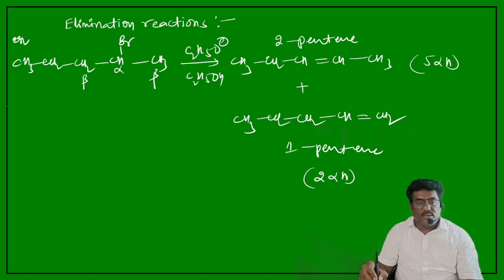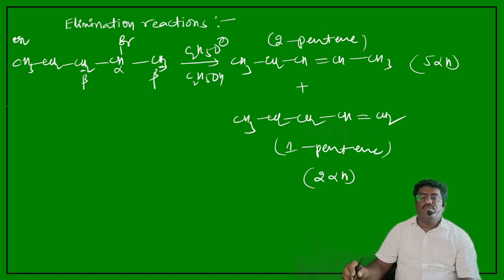In this, bromine is the leaving group on the alpha position, and the adjacent carbon is the beta position. Here two betas are present. The base, ethoxide ion, abstracts a proton. If it eliminates this hydrogen, it gives 2-pentene. If it eliminates this proton, it gives 1-pentene. So which is major? 2-pentene is the major product and 1-pentene is the minor product.